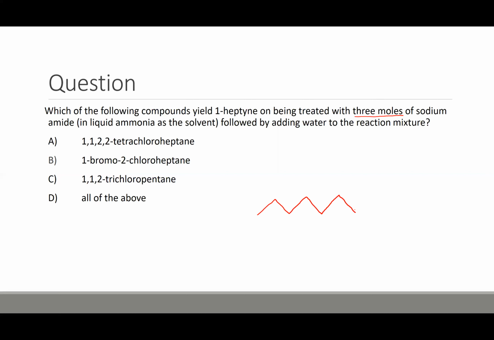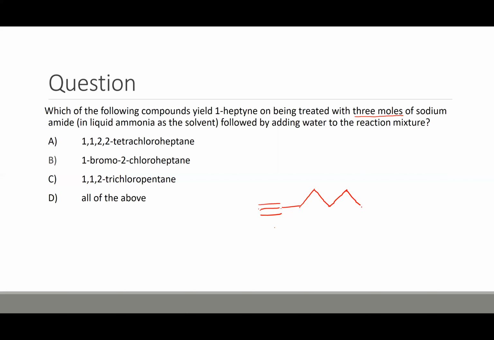So it's a 7-membered chain, and I should draw this like this. So that's a 7-member chain with a triple bond, and this is what we want to make.